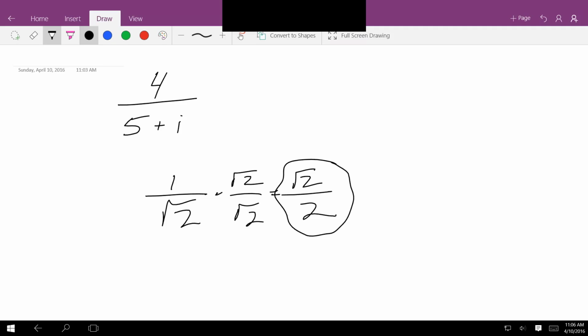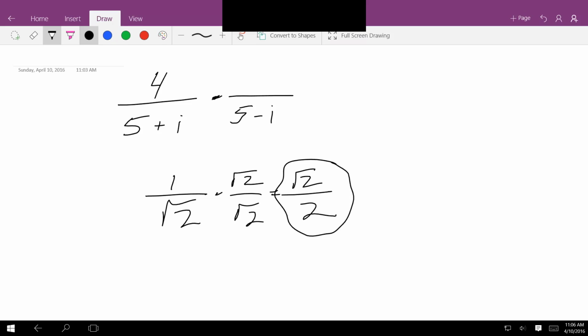The same thing is true with imaginary numbers: you cannot end up with an imaginary number in the denominator. It's fine to have it in the numerator, but not the denominator. So my goal here isn't to divide, it's to what I call realify the denominator. You turn the denominator into a real number by multiplying it by the conjugate.